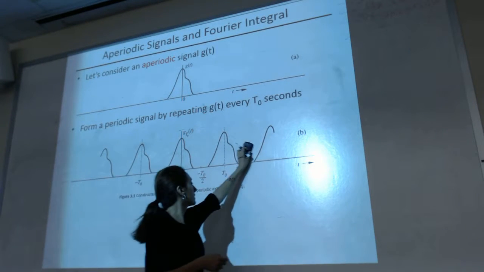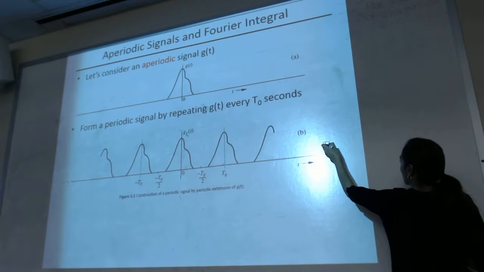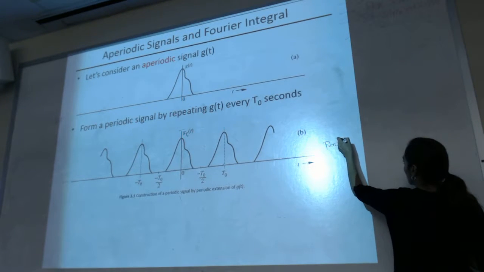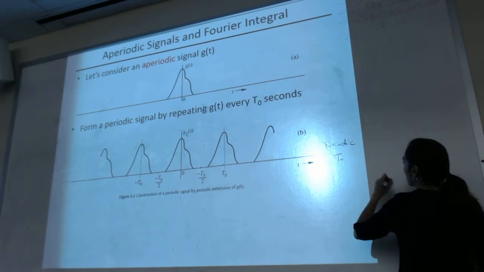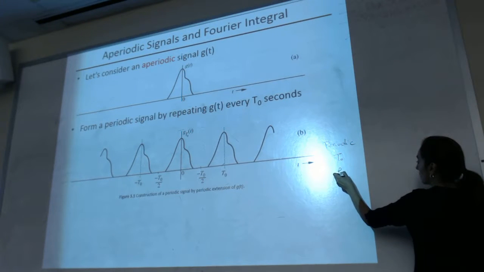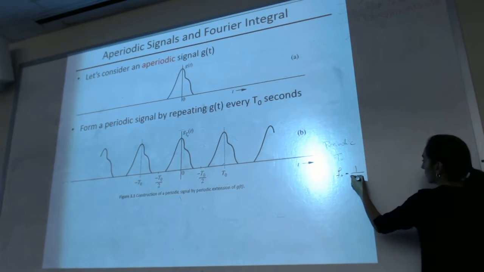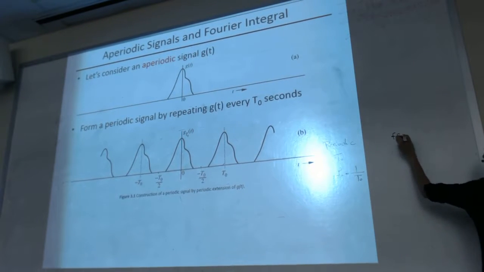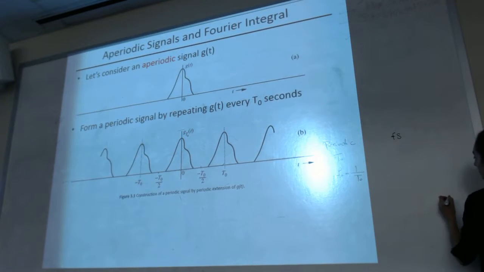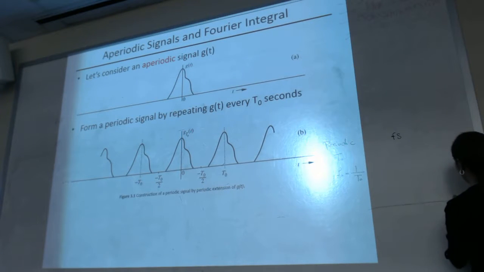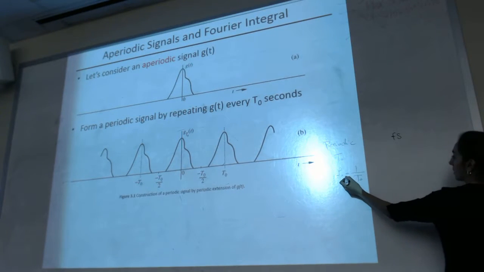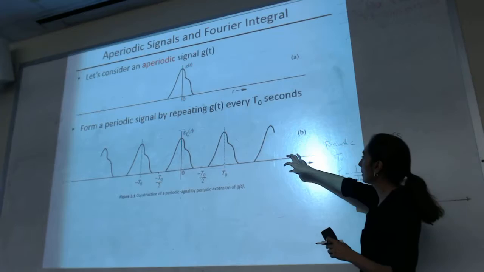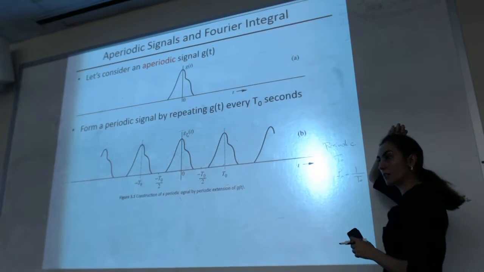Okay, so for this one, this is a periodic signal. We have a fundamental period, and then we have a fundamental frequency, F naught, 1 over T. If I want to write the Fourier series, what frequencies will appear in the Fourier series of this one?